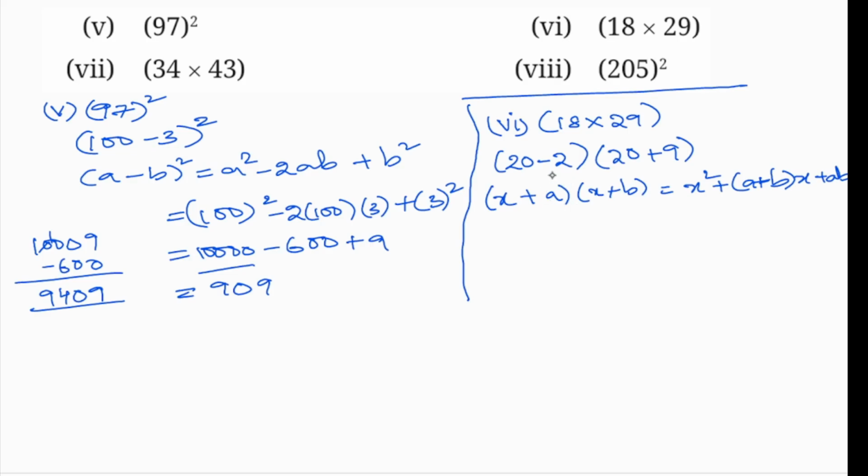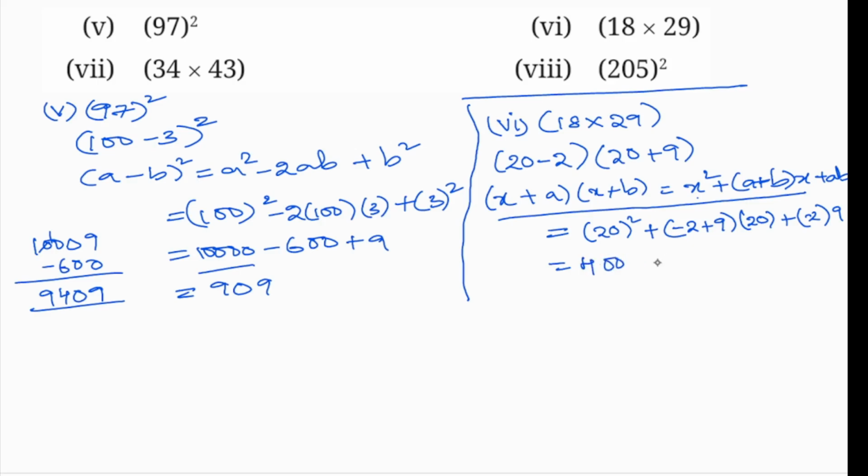We will consider this a as negative; only then you can take this formula. So it is equal to x square, which is nothing but 20 square, plus a is minus 2 plus b is 9 into x, which is 20, plus ab, that is negative 2 into 9. 20 square will be 2 square is 4, and for the 1 zero we will get 2 zeros. 9 minus 2 is 7, 7 twos are 14, so 140, plus into minus is minus 2 nines are 18.